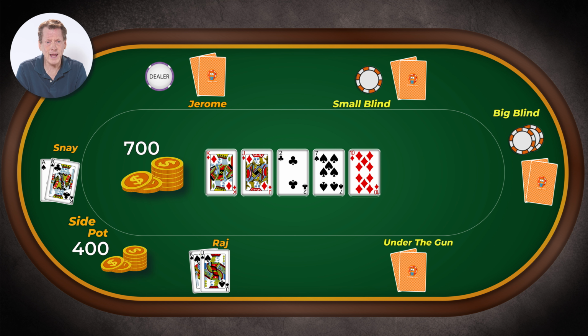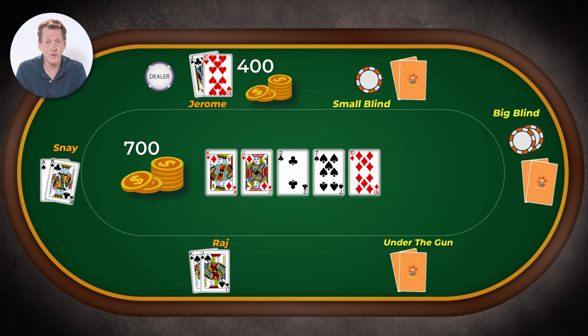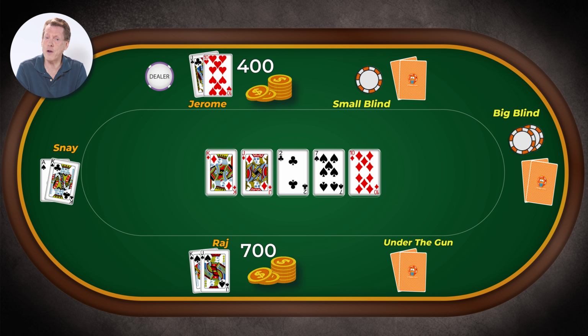Jerome reveals that he has the jack of clubs and the 10 of hearts for 2 pair. Jerome would win the side pot of $400, but Raj, who called the final bet of $100, wins $700, the $400 in the pot before the river bet, and then his $100 call and $100 each from Sneh and Jerome.